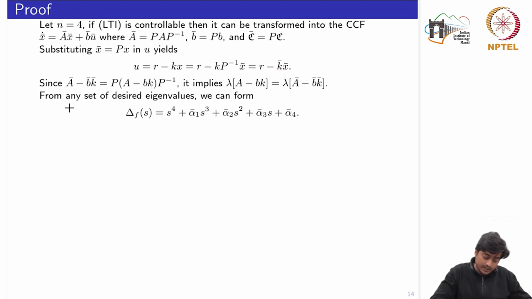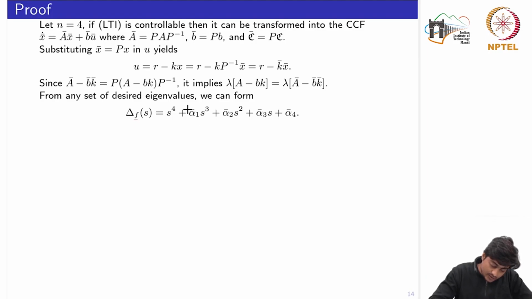Now suppose we are given a set of desired eigenvalues, and using those eigenvalues we can determine the characteristic polynomial of the feedback system. So we need to fix some eigenvalues of the closed loop feedback system, that's why we have used the subscript f.